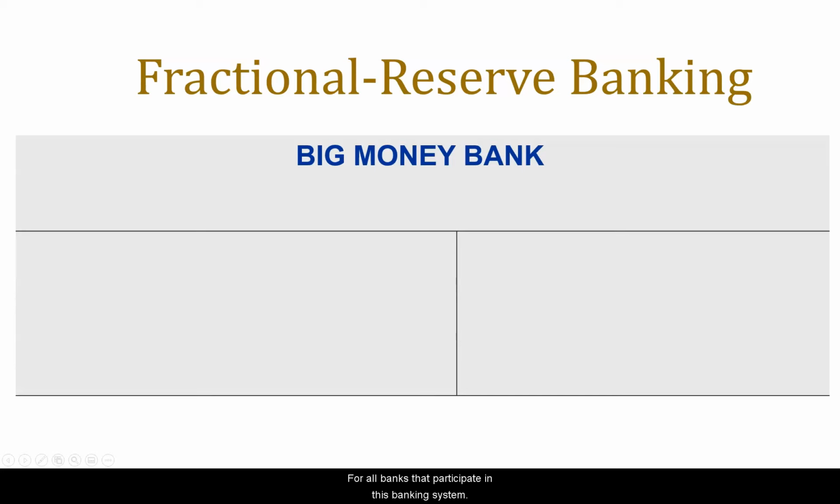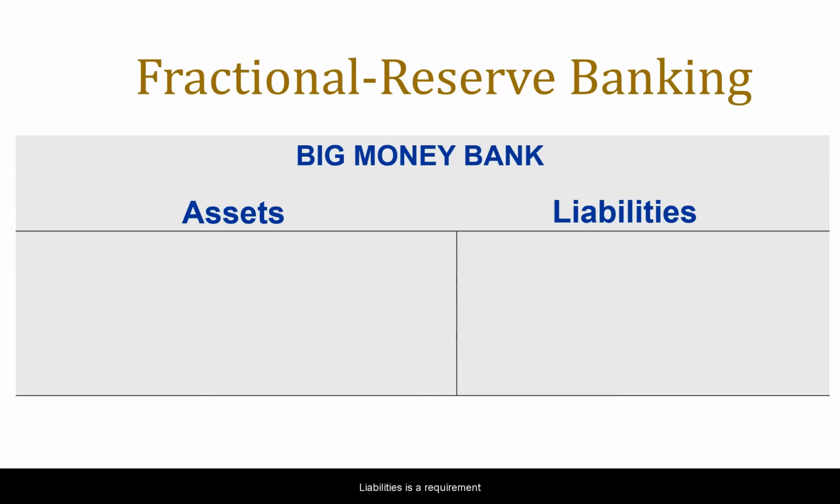For all banks that participate in this banking system, they have two titles on the balance sheet. On your left, you have assets, and assets are resources that have value that can provide a future benefit. On the right, you have liabilities.